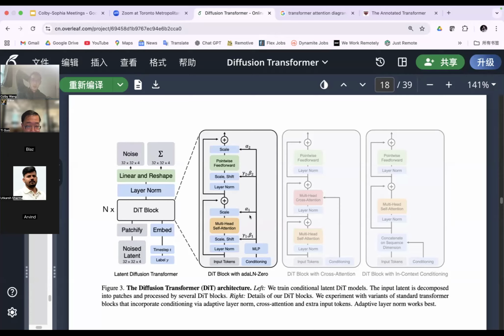When we are denoising, we also pass in the text condition so that it knows what it should look like.